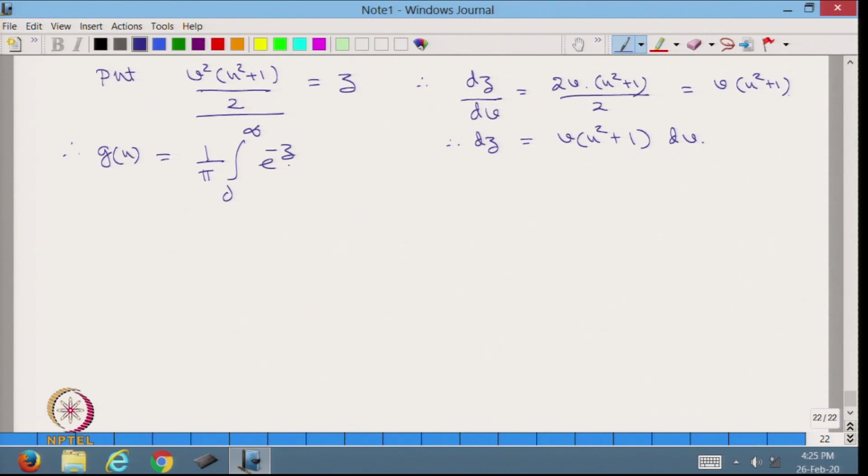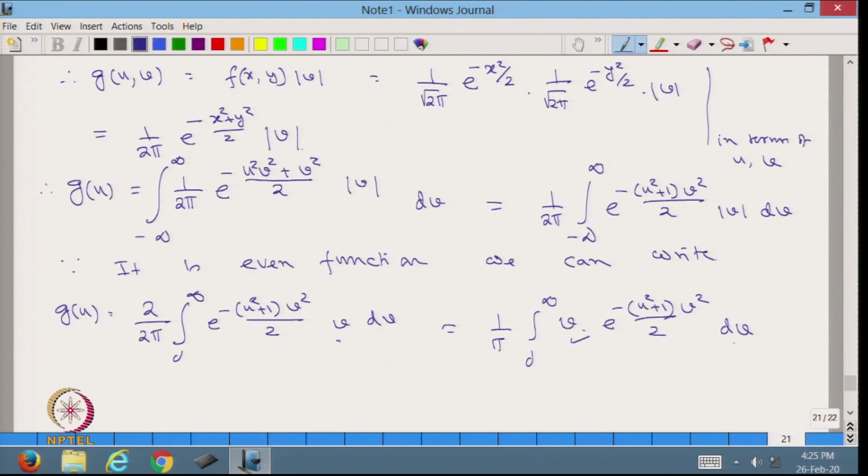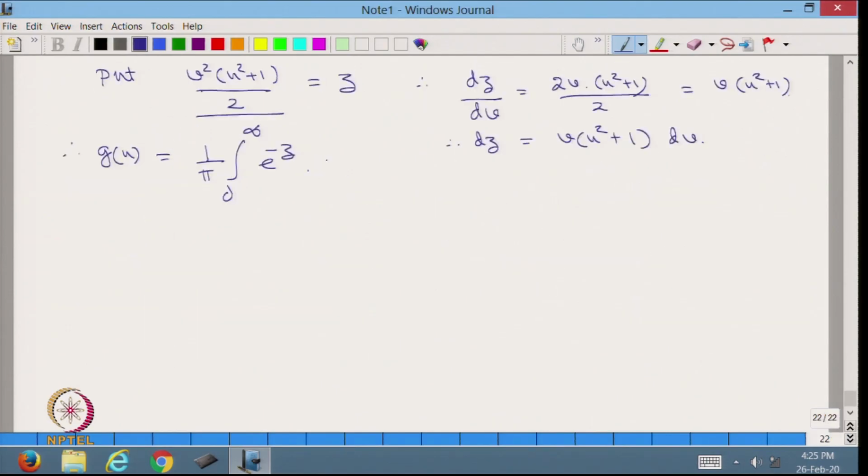I am replacing z in the equation, and v dv we are writing as dz upon u square plus 1, which is equal to 1 upon pi into 1 upon 1 plus u square, integration 0 to infinity e to the power minus z dz. This integrates to 1.